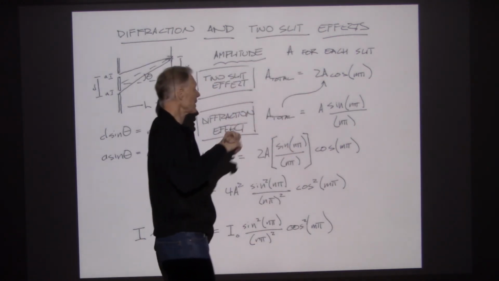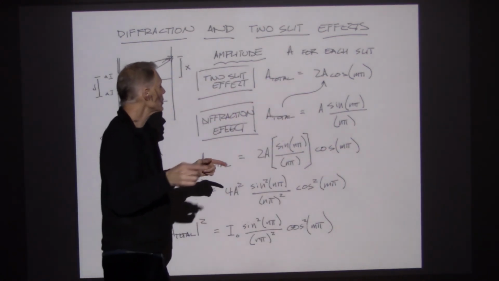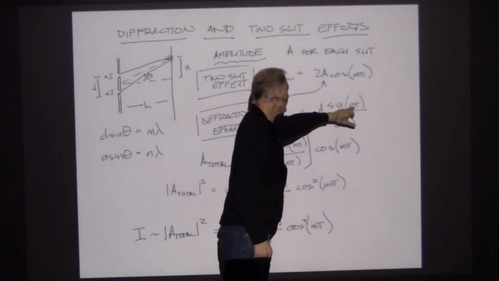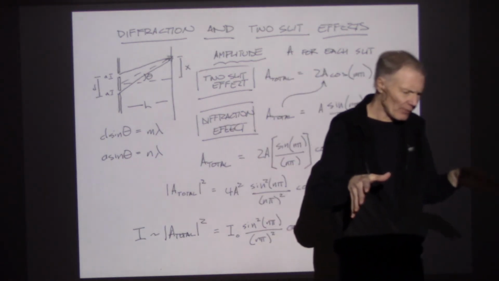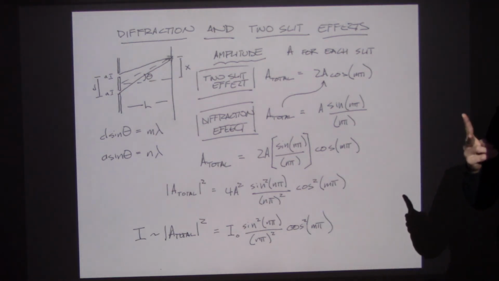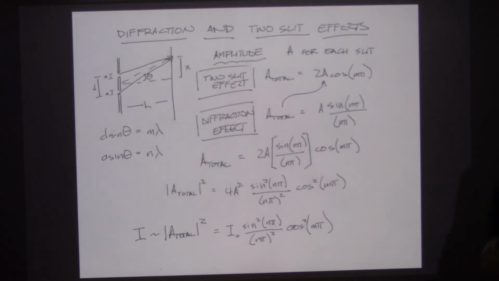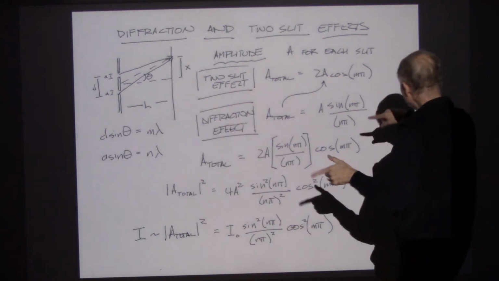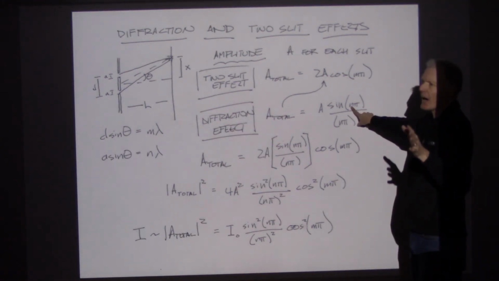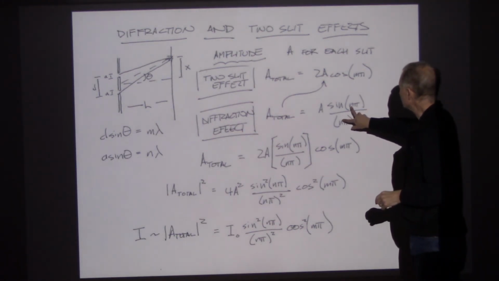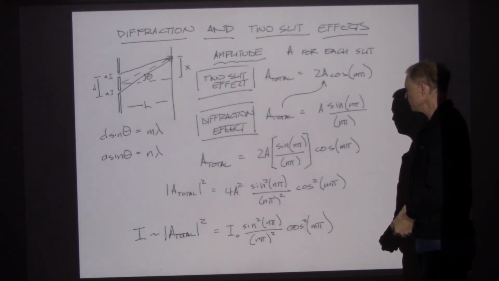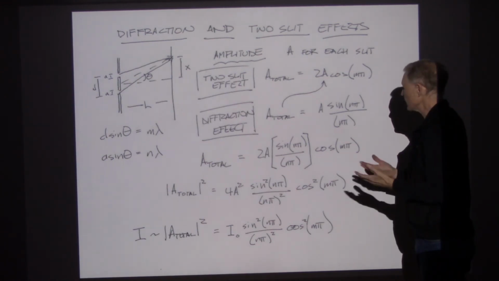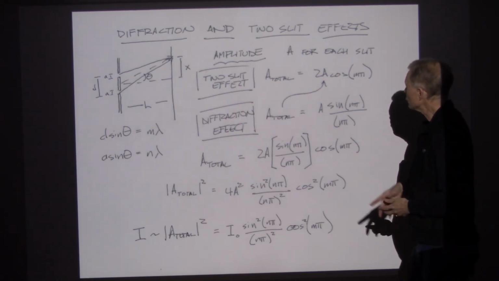They've got to be two different m's, or I've got to define a different variable. So I used n. When I'm looking at the interference effect for two slits, including two-slit effects and diffraction, I am going to switch over and use n. Now n's not the index of refraction. It's just a different variable keeping track of the number of cycles.